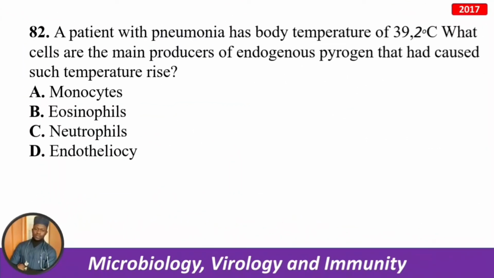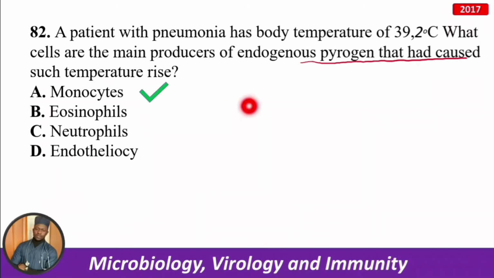A patient with pneumonia has a body temperature of 39.2 degrees Celsius. What cells are the main producers of endogenous pyrogen that caused such a rise in temperature? Right. So you should know that in case of inflammation, there are specific cells which produce interleukins like interleukin 1 and interleukin 6.